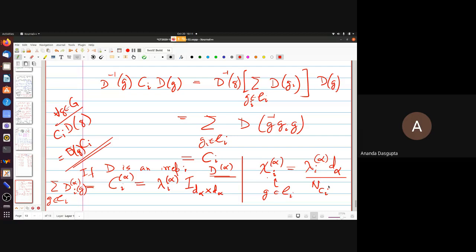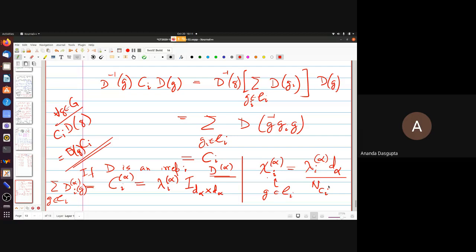Then one way of checking whether this representation is reducible or not, although it takes a bit more work than the standard way, is simply to find all the class matrices just by adding together the matrices that are given to you. Take the matrices belonging to a particular class, just add them together. If you get multiples of the identity, you are done.